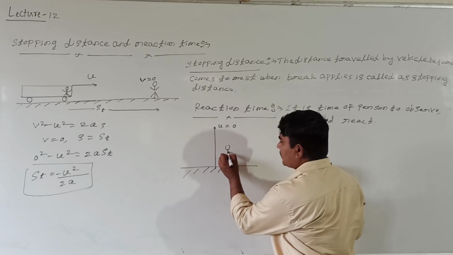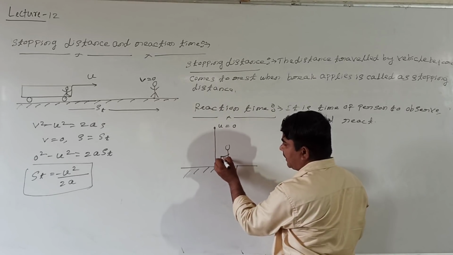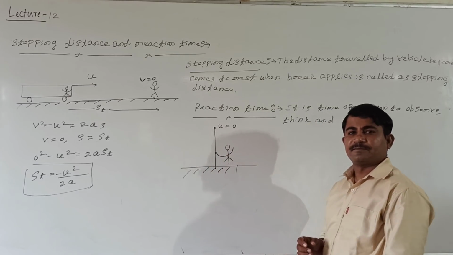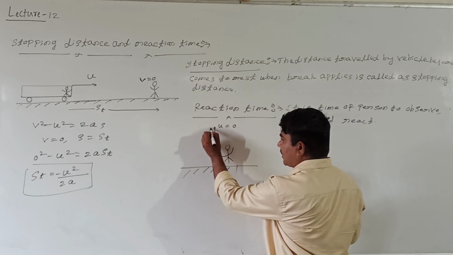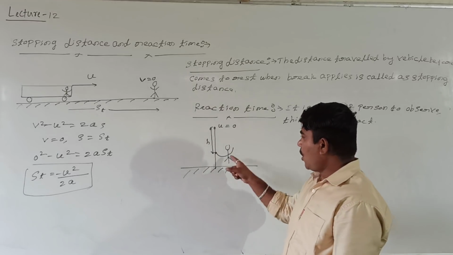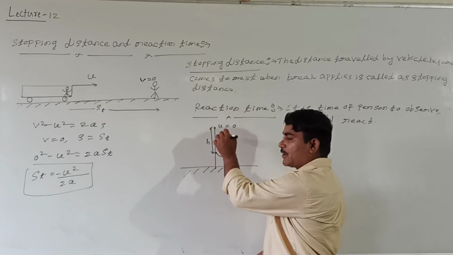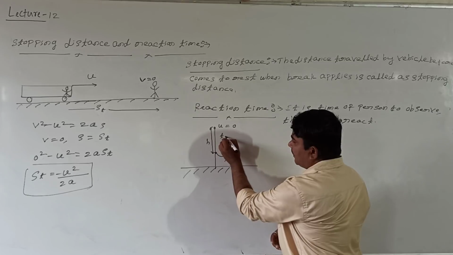The person observes the body and catches it. H is the distance travelled to catch the body. In between observing and catching, this time we are calling time of reaction. I will represent it by TR.